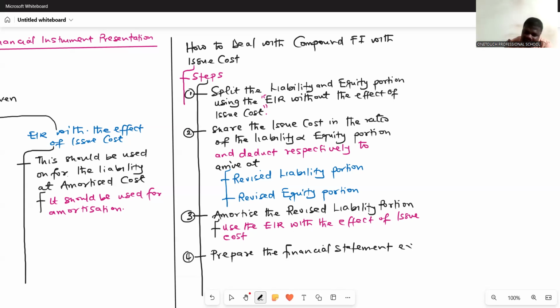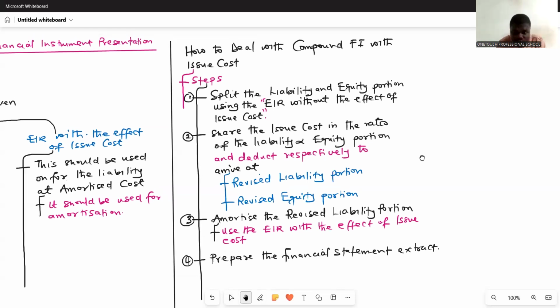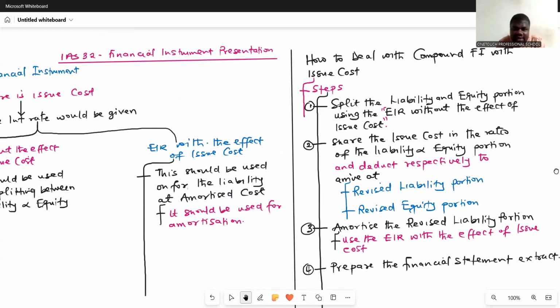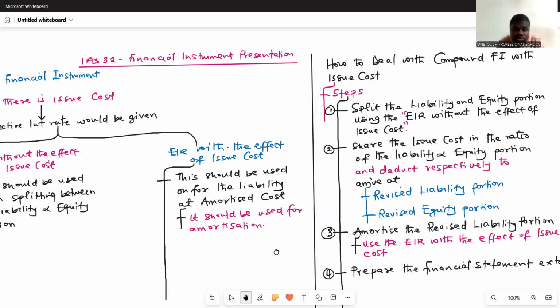Prepare the financial statement extract. So this is the process. We are going to pick any question that we have there that is compound and has issue costs. We want to clear those questions. That is what we want to do tonight. So tonight we are bringing the curtains to an end on compound financial instruments.